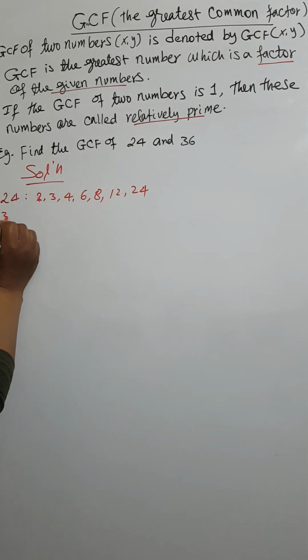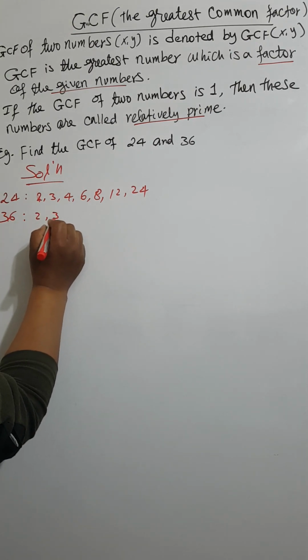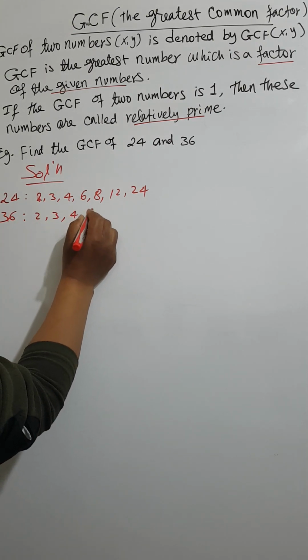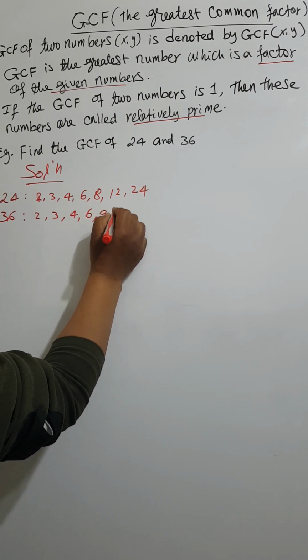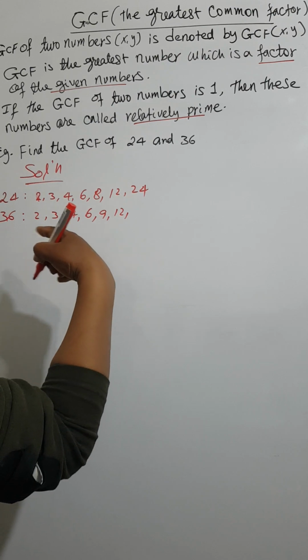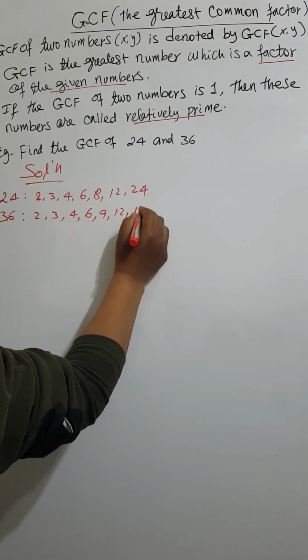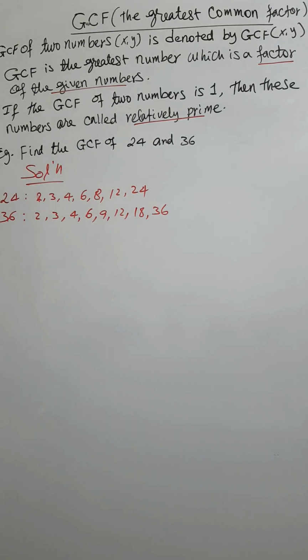And the factors of 36. The factors of 36 include again 1, 2, 3, 4, 6, and 9, 12, 18, then 36.